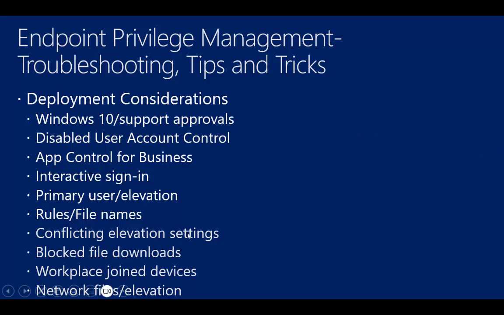Conflicting elevation settings. So this could be one where basically there's some churn going on. So maybe if you have in the settings profile, for example, the default elevation behavior is set to a certain thing and then it's changed multiple times in quick succession, it could very likely result in a challenge, maybe falling back to the default behavior or a conflict or whatever.